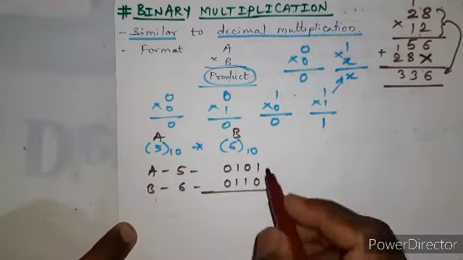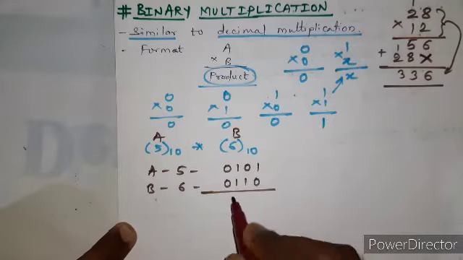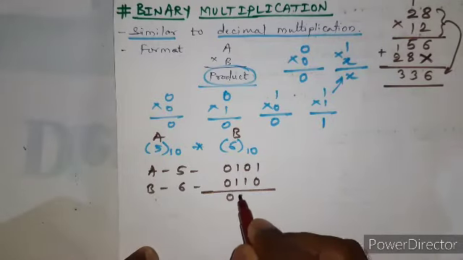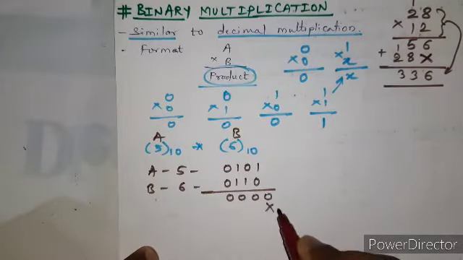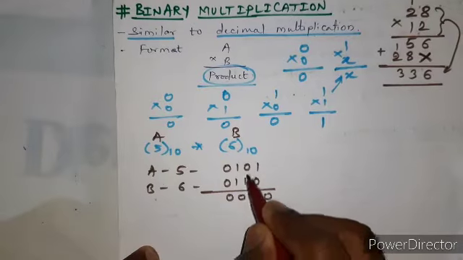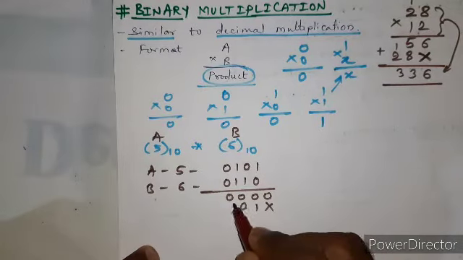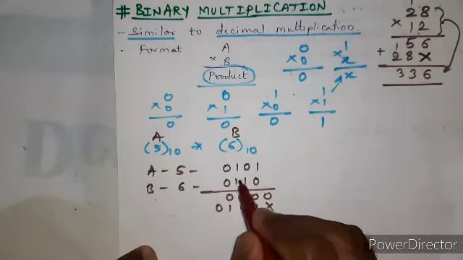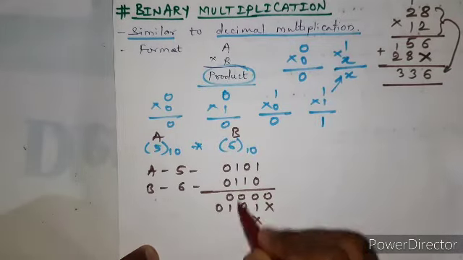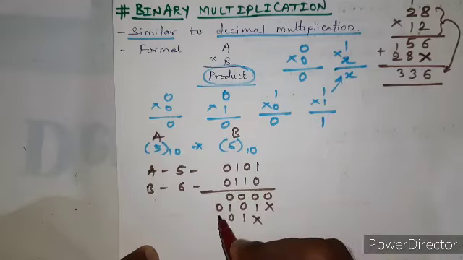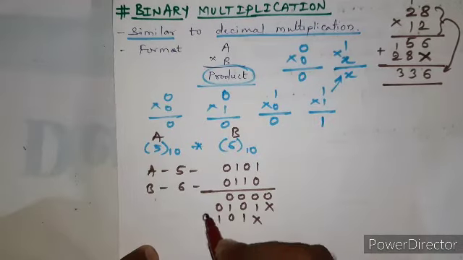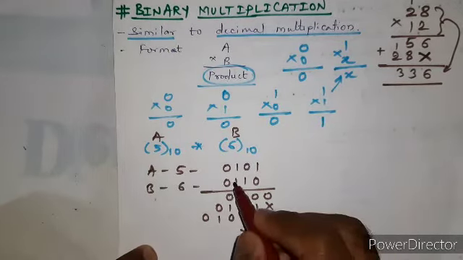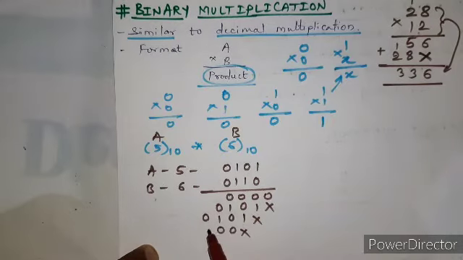Just go on multiplying. 0 into anything is 0, so 0 0 0 0. Then 1 0 1 0. Again 1 into 1 is 1, 1 into 0 is 0, 1 into 1 is 1, and 1 into 0 is 0. And then this 0, 1 2 3 4.